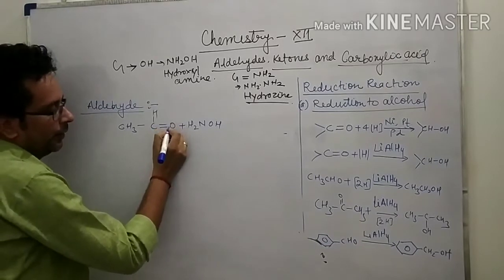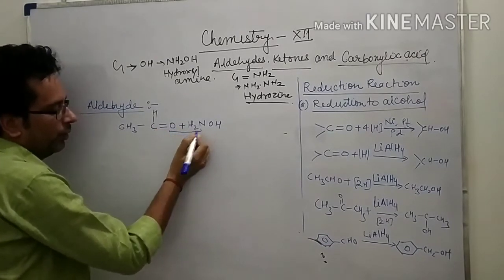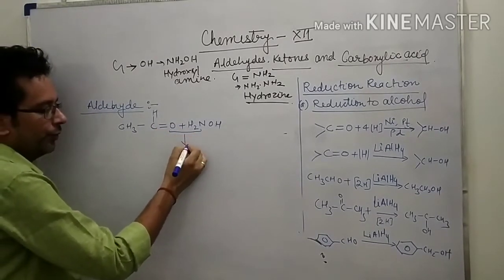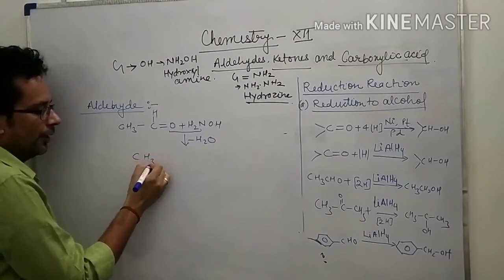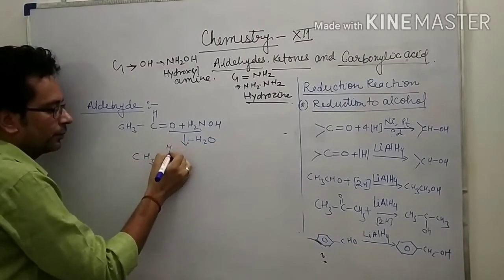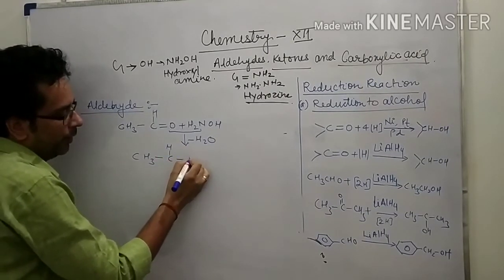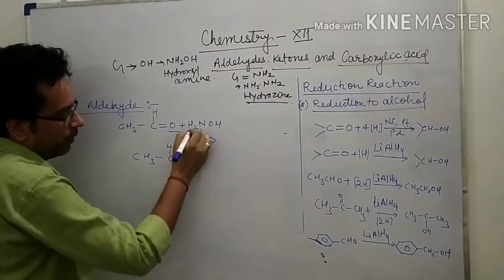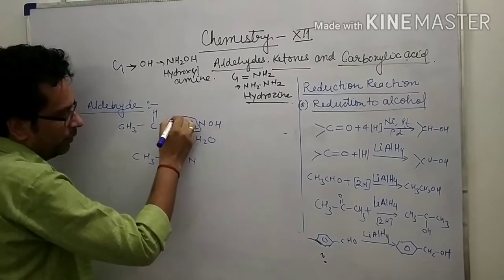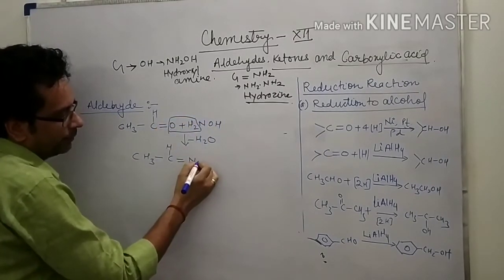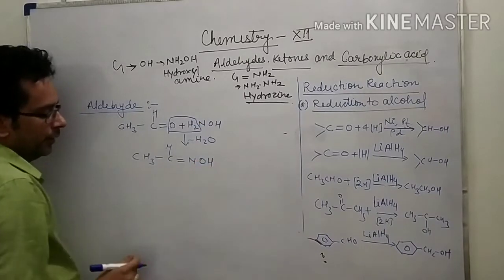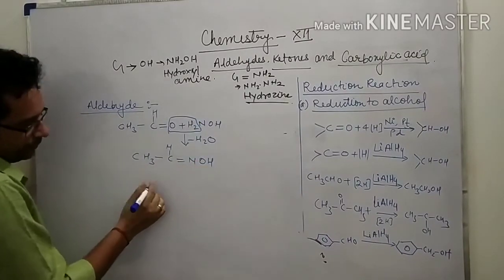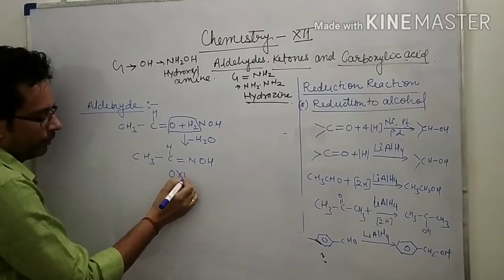So look here, this portion, water is removed. Okay, and there is formation of CH3 CH double bond N OH. Now the name of this compound is oxime.